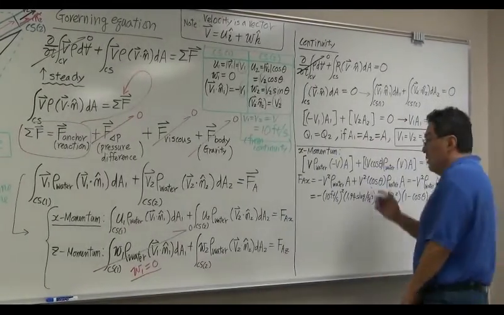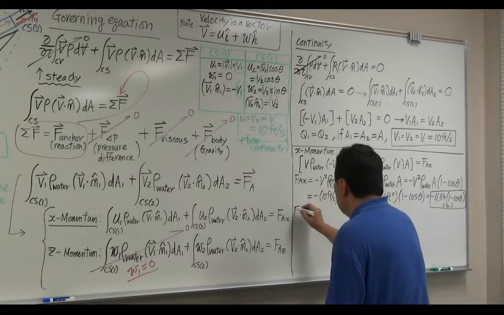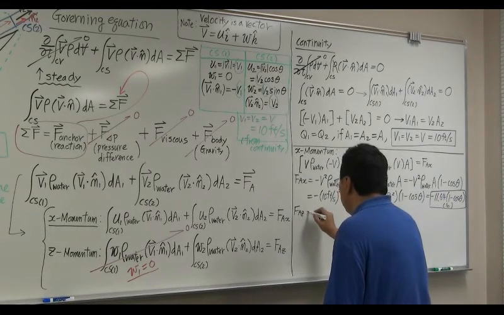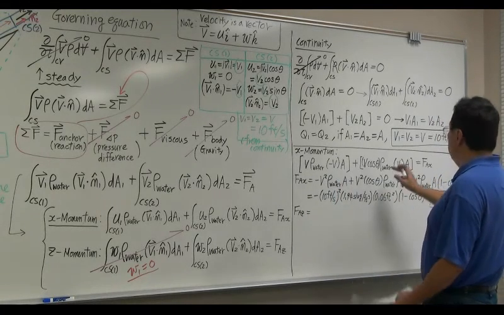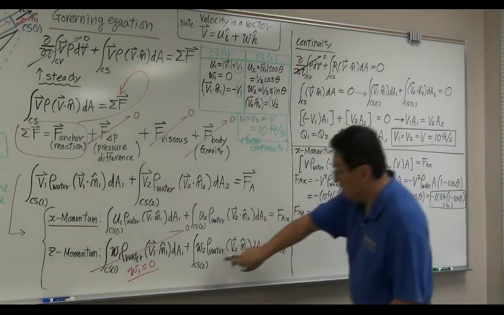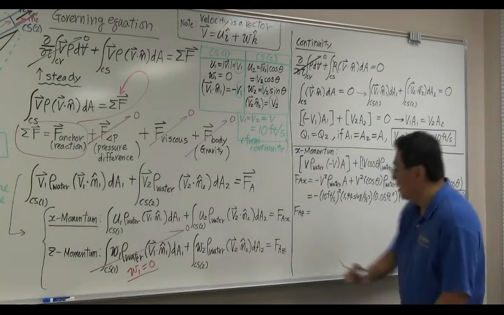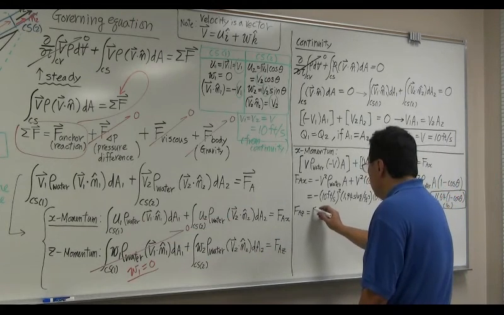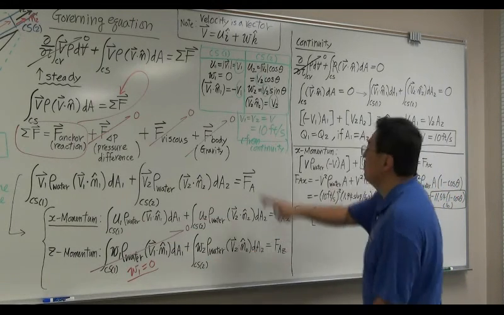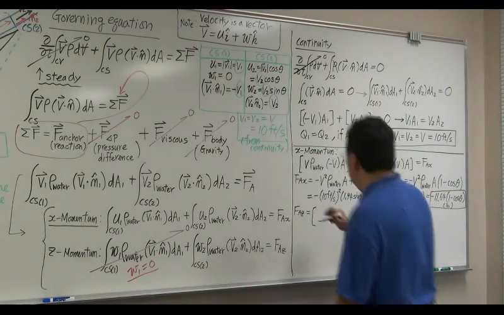Alright, so now let's find out FAZ. FAZ is coming from this. Yeah, sure. This one is 0, so only this one. So FAZ is W2. What's W2? W2 is B sine theta.